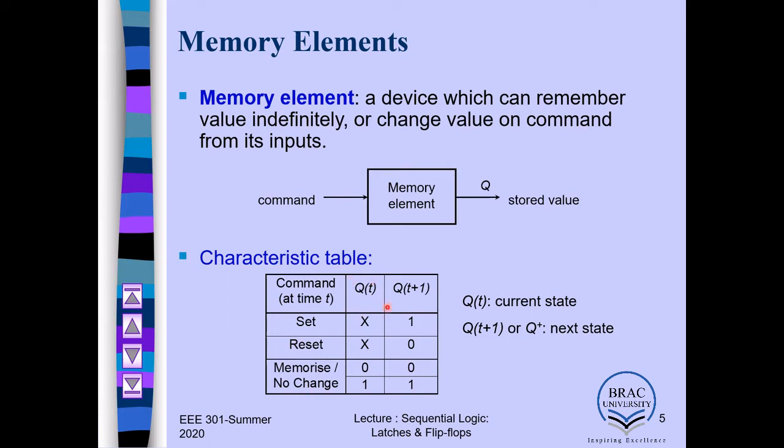Q_T is your current state. For set, the current state is don't care, it could be either 0 or 1, and your future state is 1. For reset, current state is don't care, and future state is 0. Memorize means current state 0, future state 0, or current state 1, future state 1. That means no change.